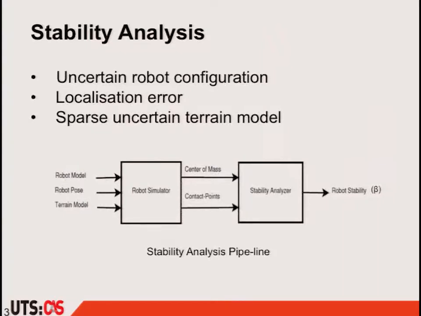The stability analysis considers as an input uncertain robot terrain, localization error, and uncertain terrain model. This goes to a robot simulator that provides us with the center of mass and the contact points with the terrain. With this, we calculate the stability.